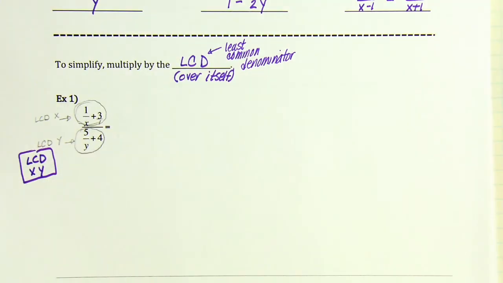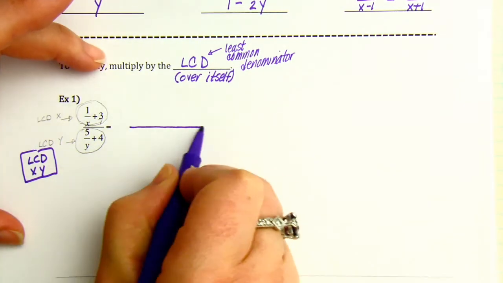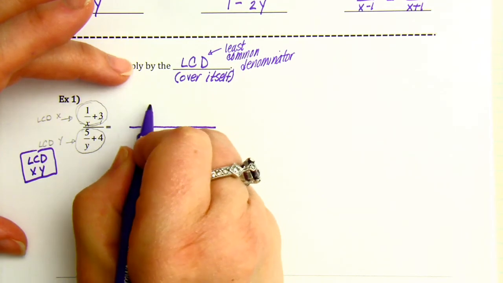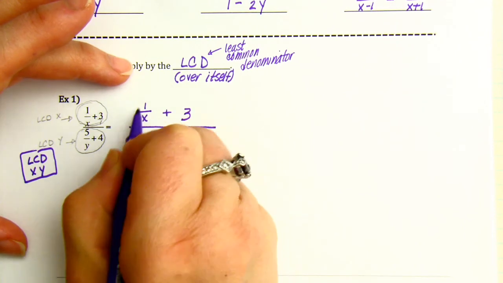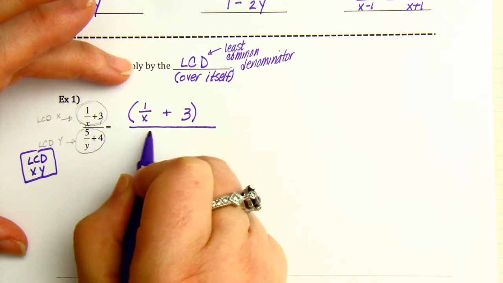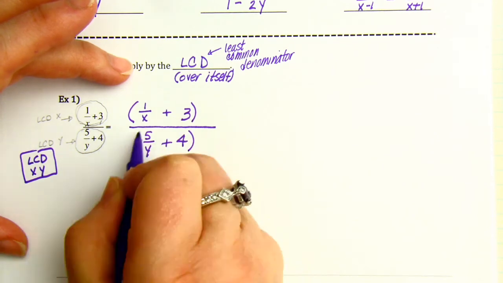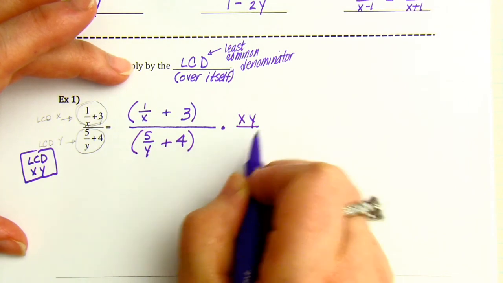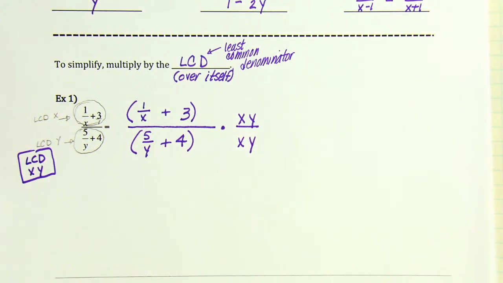All right, now I'm going to rewrite this. 1 over x plus 3, and I'm going to group it, 5 over y plus 4, and I'm going to group that and show that I'm multiplying both the top and the bottom by xy over itself.